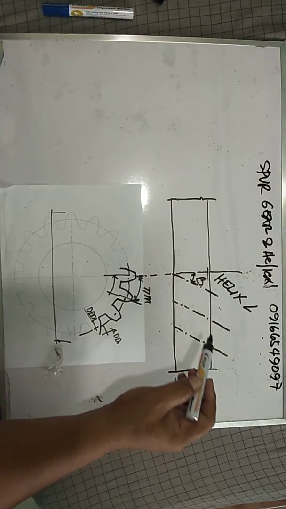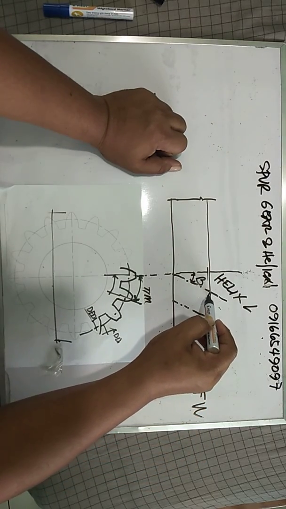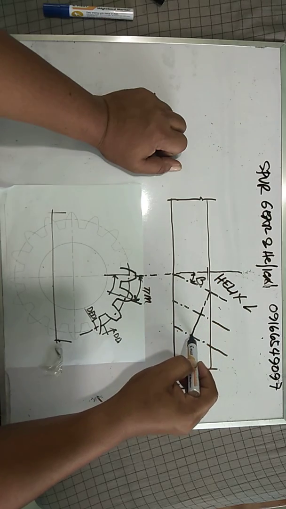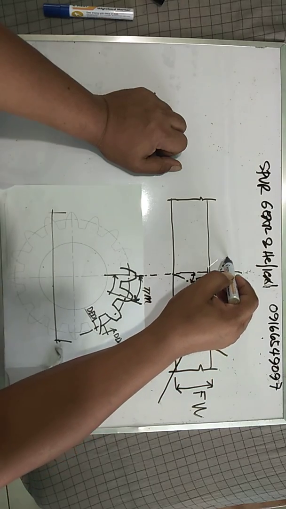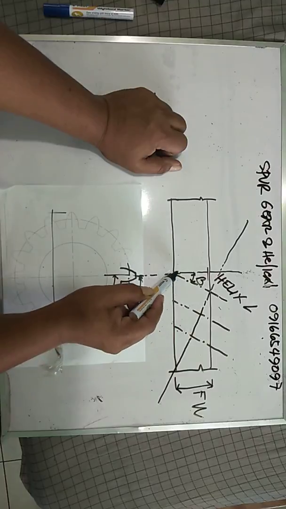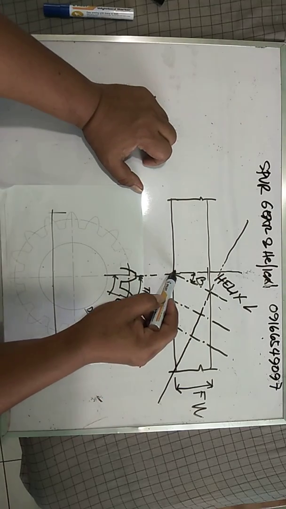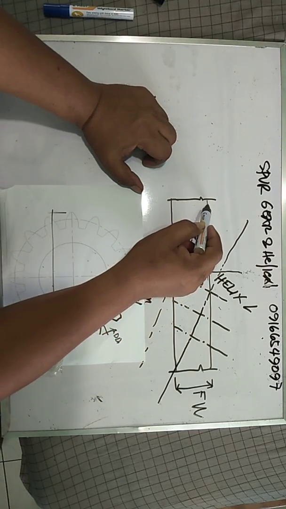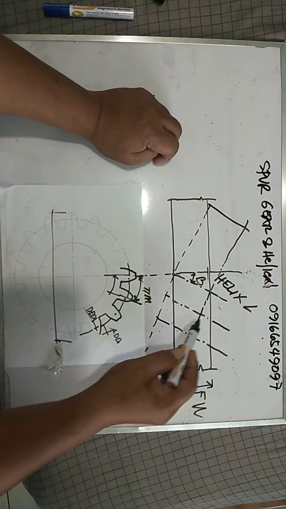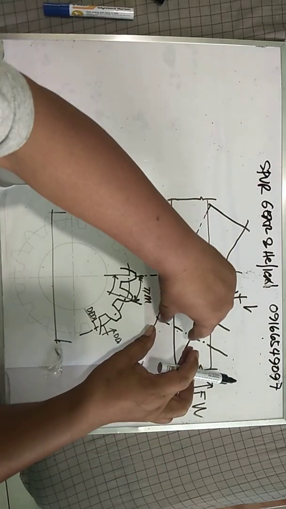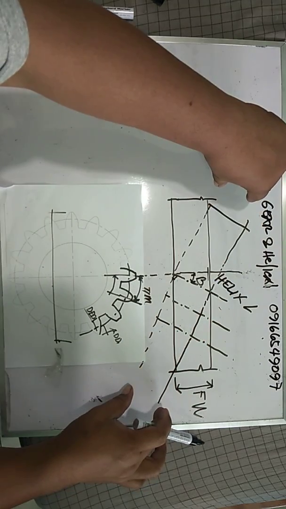And we have to resolve this one. If we make an imaginary line perpendicular to this line of the helix angle, and the other one is this imaginary line, we notice that it is like a spur gear when we stretch out this one.